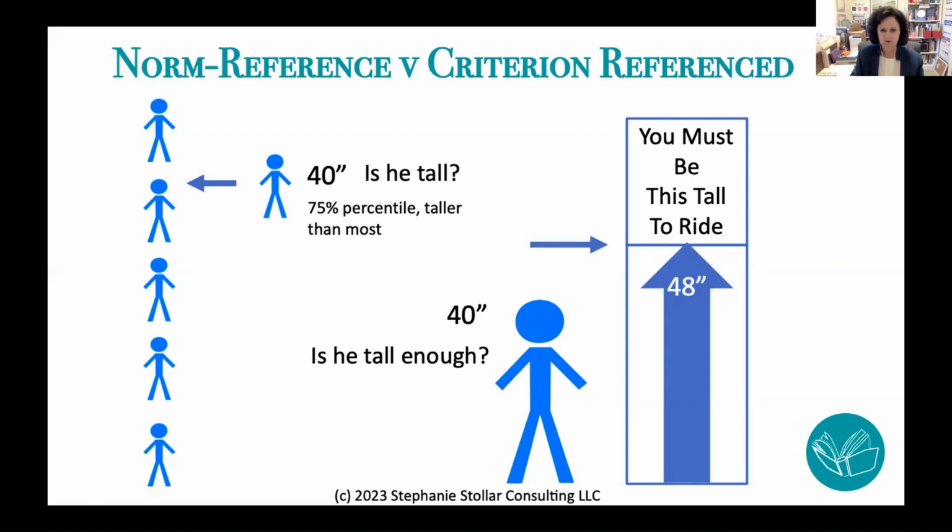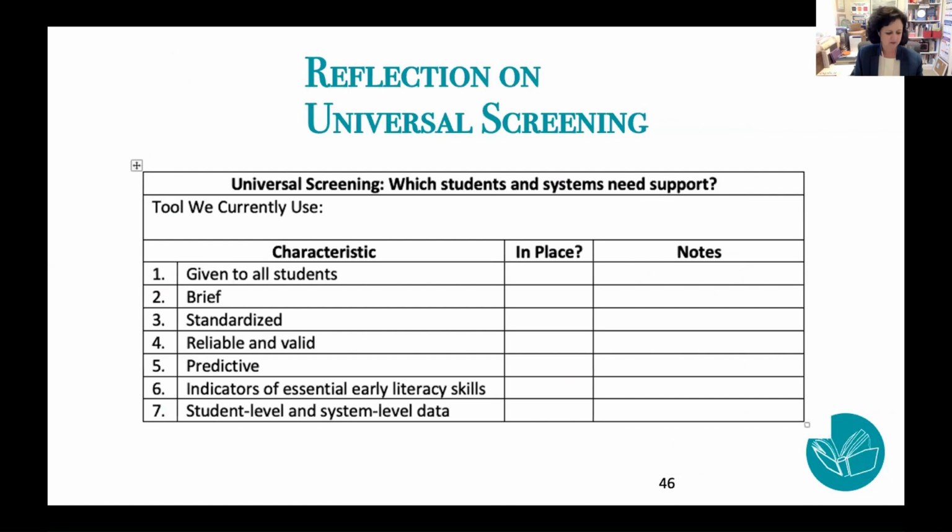Okay, I don't know if there are questions about that. Feel free to drop them in the chat while you are reflecting on your own universal screening. So this is part of that assessment PDF that's in the handout folder. I want you to jot down the screening tools that you're currently using, if you are using any. And then I want you to think about their characteristics. These are some of the characteristics that I was sharing with you.